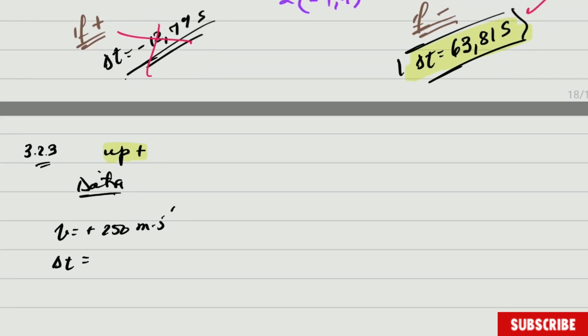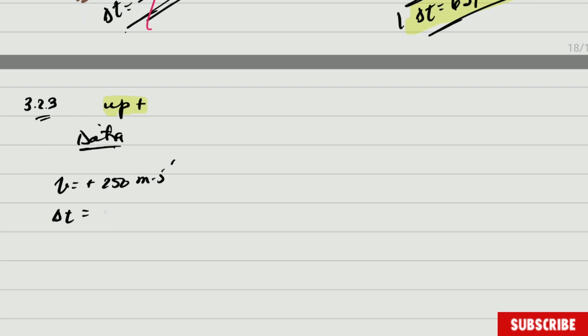Once more, we're going to say up is positive, and then the data we have for this question is the initial velocity is positive 250 meters per second. The time we just calculated, the time it takes to reach the ground, is equal to 63.81 seconds.